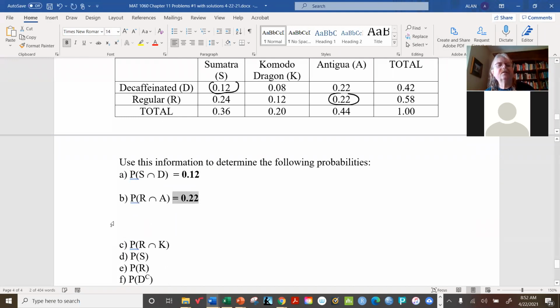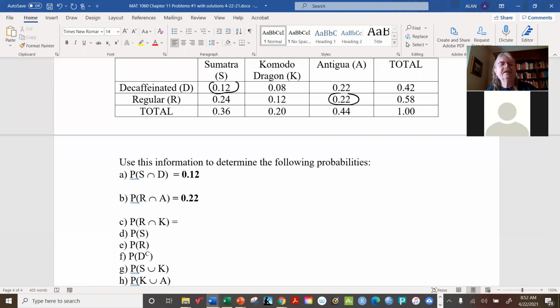All right, very good. Now there's one more, and these are all, by the way, known as joint probabilities because two things are true. And so R and K is regular Komodo dragon right here, and that's equal to 12%, as you can see.